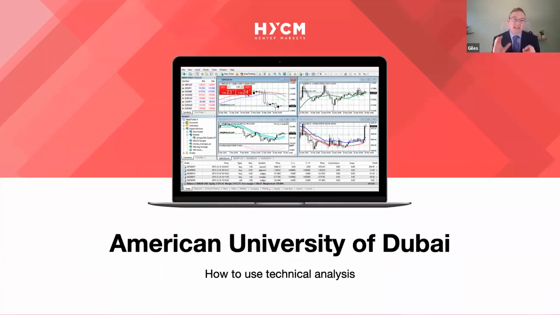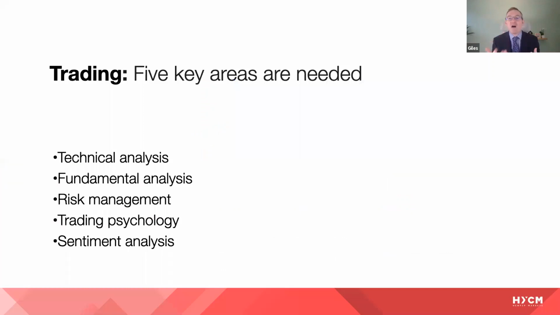Now, the key to understanding how professional traders use technical analysis is to first of all understand that trading is not a question of one skill. Successful trading, particularly for professional traders, involves combining a number of skills together, and they can broadly be broken down into these five key areas.